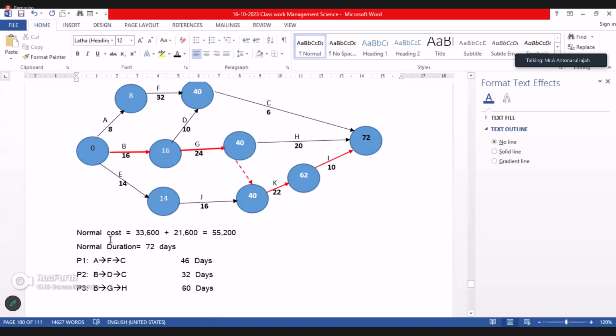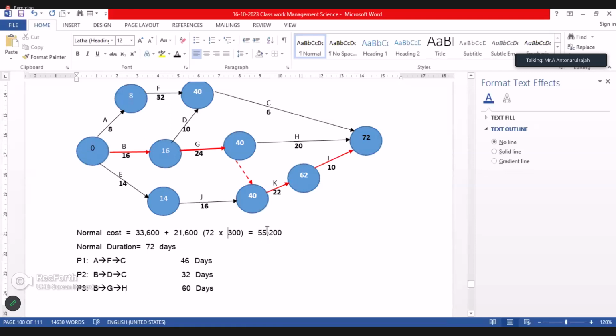This is the normal duration, normal cost, right? So we know how to get the indirect cost: 72 multiplied by 300. The first part is the normal duration, normal cost, critical path.